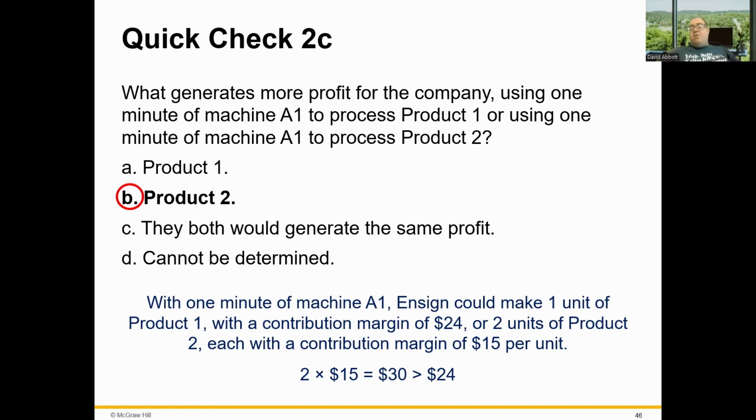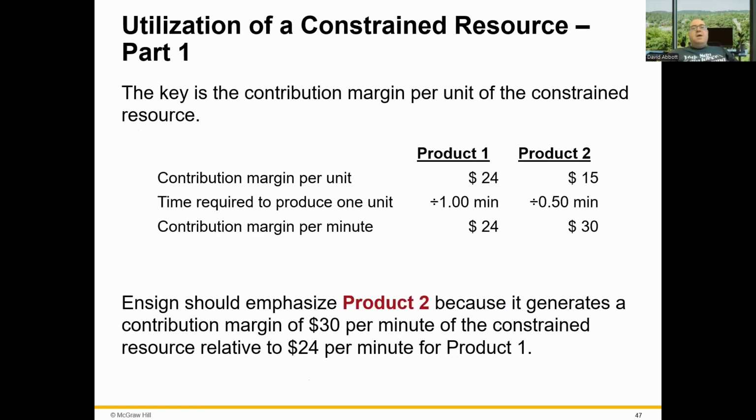So 2 times 15 equals 30, which is more than 24. Better off to make 2 products instead of 1.